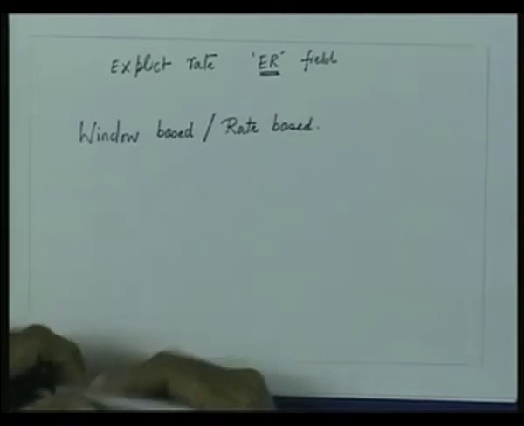In window based congestion control mechanisms, there is a particular window size, let us say W. What it means is, a source can transmit as many as W packets without waiting for an acknowledgement. Therefore, the window size determines the maximum number of unacknowledged packets that can be in transit, that can be on the pipe.